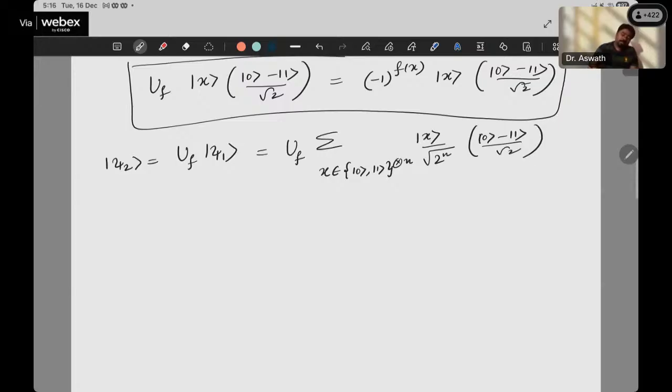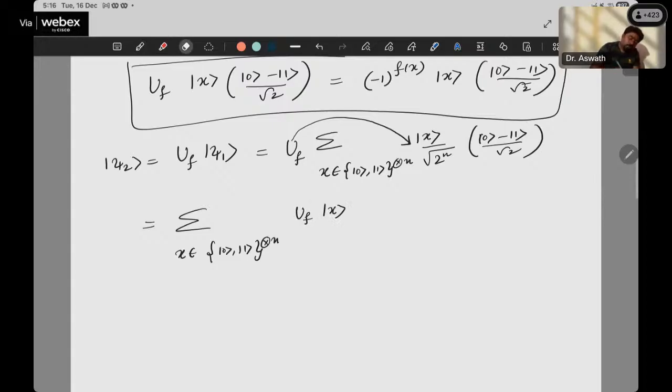Now, as you know, the unitary function doesn't depend on n, so you can send it straight inside. What is that? The summation over x belonging to 0 cat comma 1 cat to the tensor n, of the unitary acting on x cat.